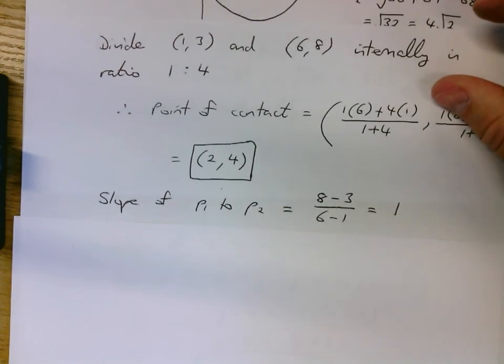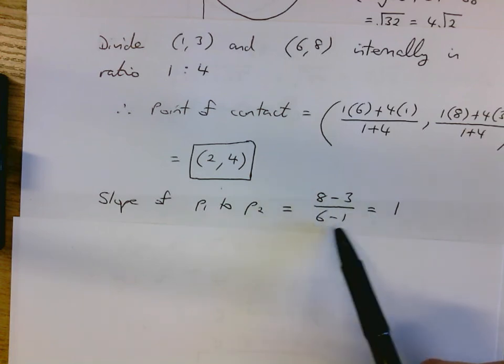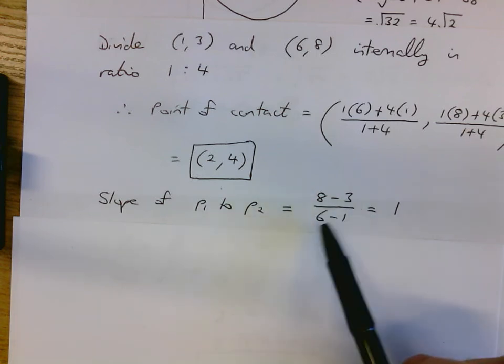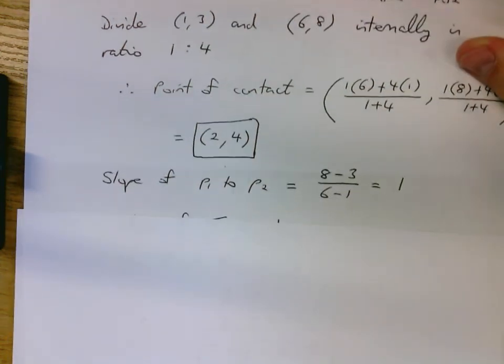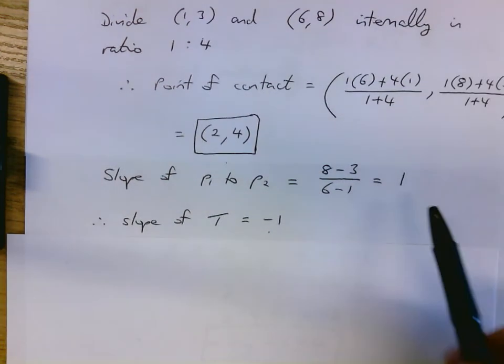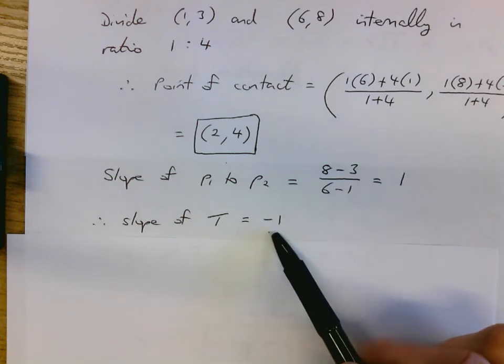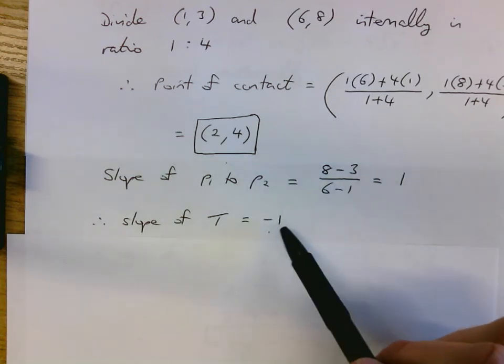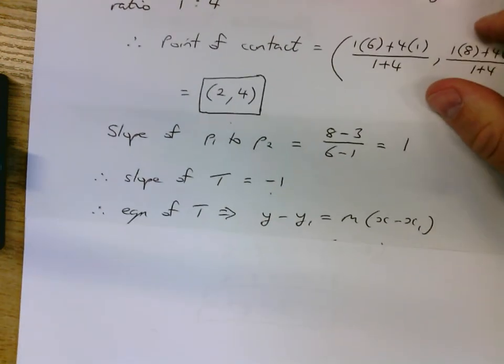The slope between the two centres, y2 minus y1 over x2 minus x1. So 5 over 5, which is 1. So the slope of the tangent, well, flip this over, it's still 1 and change the sign, minus 1. So now we have a point, we have a slope, so let's find the equation. You can use whatever method you want for this.